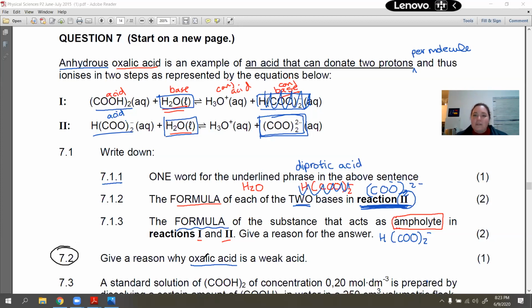7.2, give a reason why oxalic acid is a weak acid. A lot of people get very worked up trying to explain why it's a weak acid.